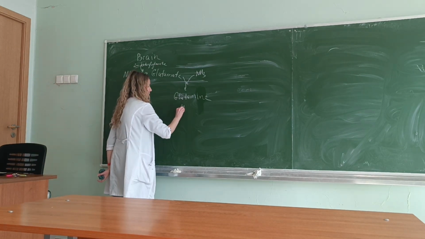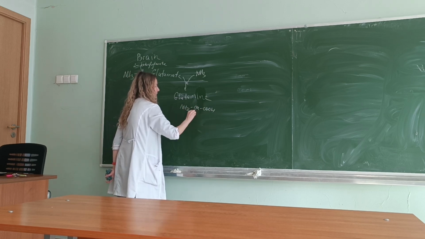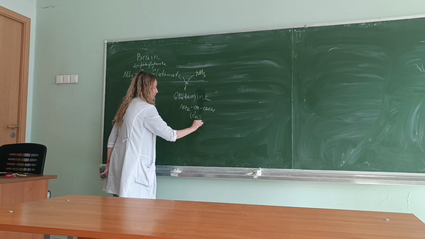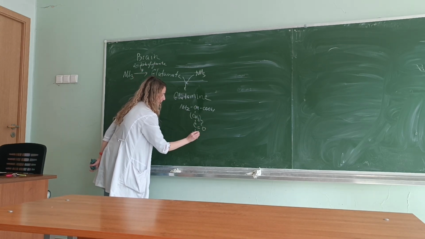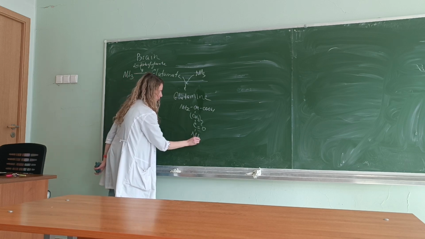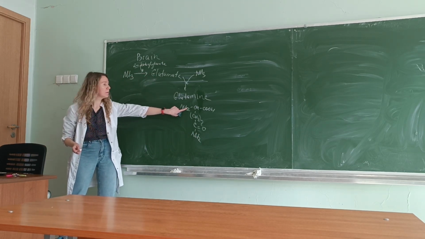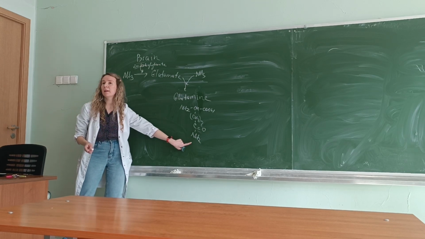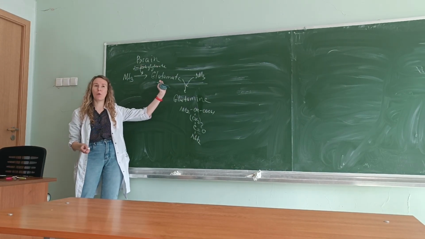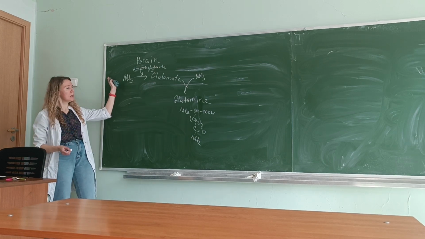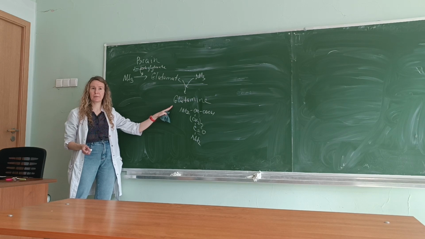I remind you of the formula of glutamine. So let's count. One amino group, second amino group. So the transport way for ammonia from the brain, usually this is glutamate or glutamine.